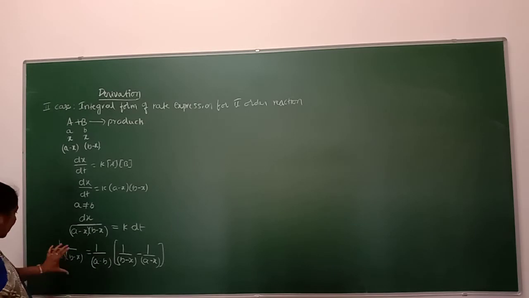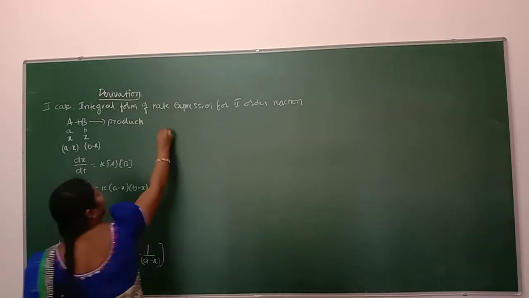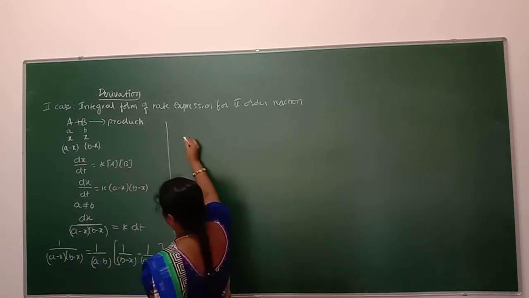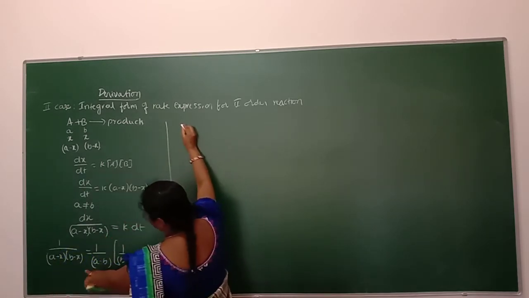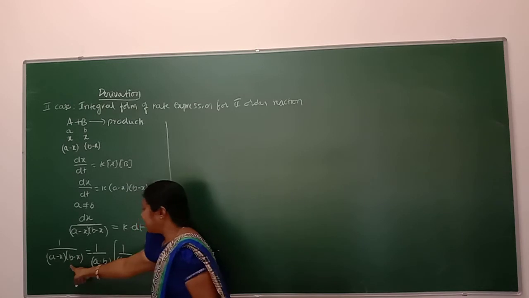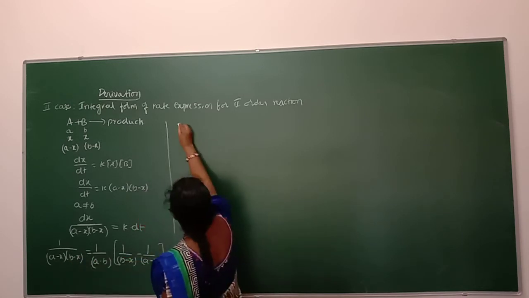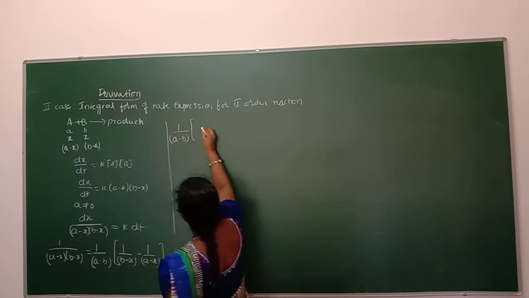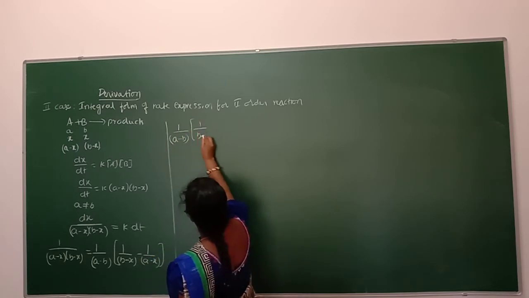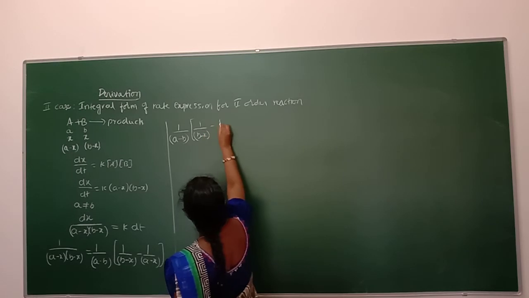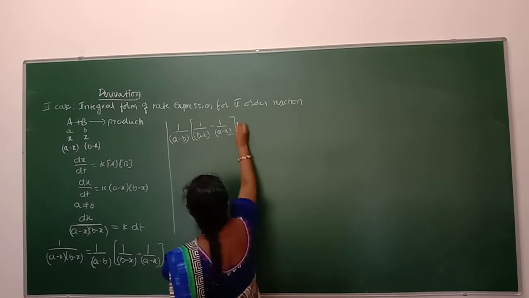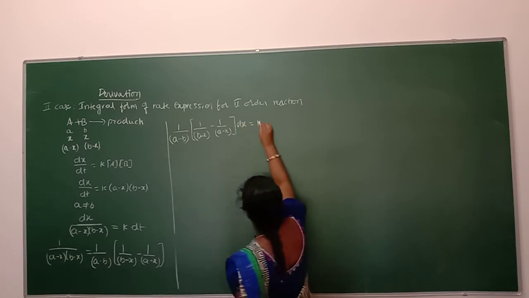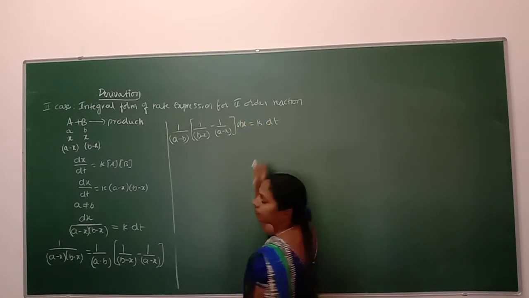We substitute this value in the above equation, so we get 1 divided by (a minus b) into [1 divided by (b minus x) minus 1 divided by (a minus x)] into dx is equal to k into dt.